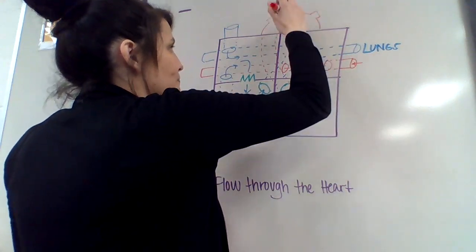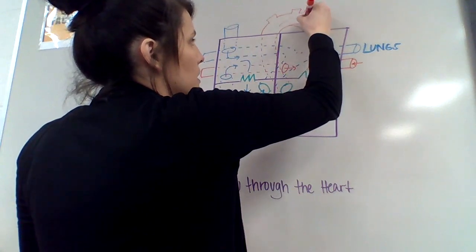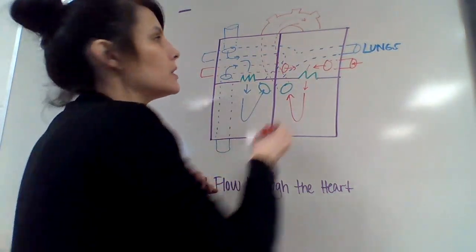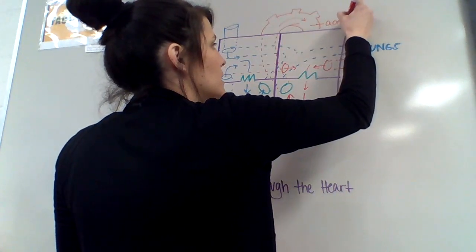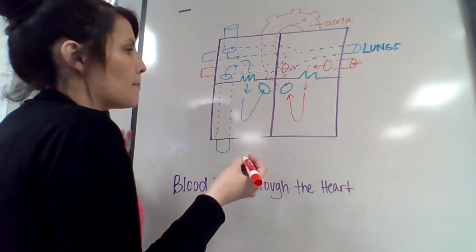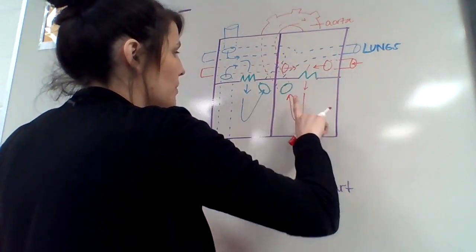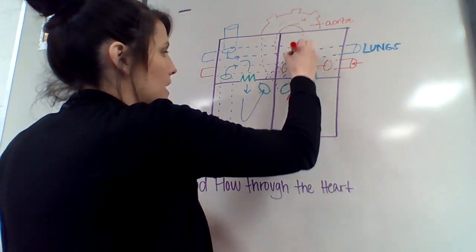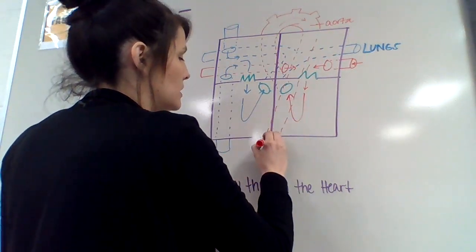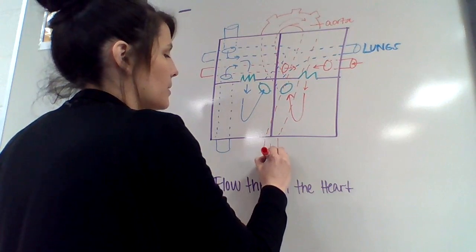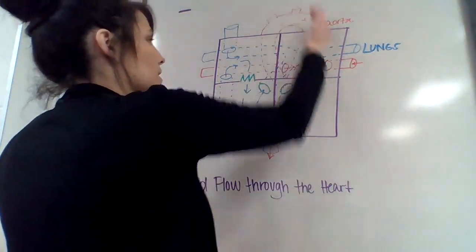So blood is flowing, like so, going through, and this guy is called the aorta, which we labeled in our structures video. So he came up and over like this, and now he's about to come this direction to go out to the rest of the body. So he made this giant loop.